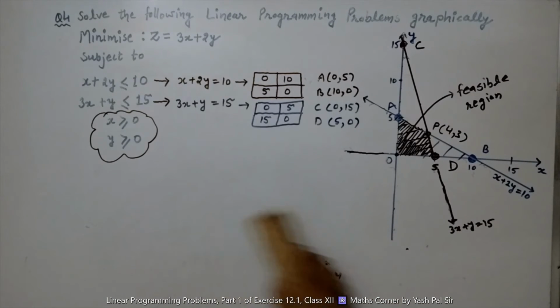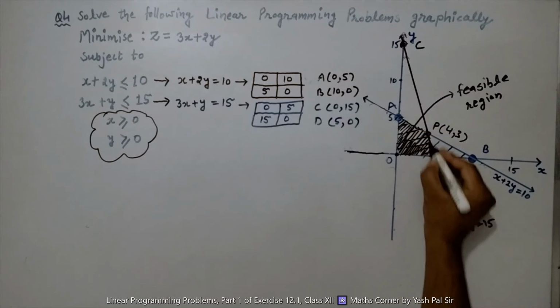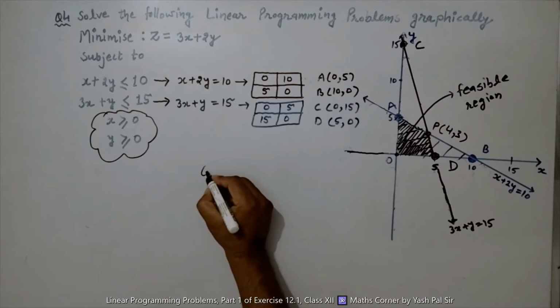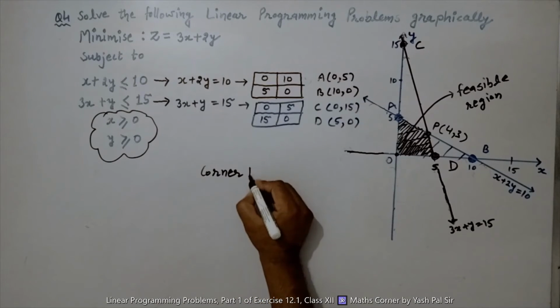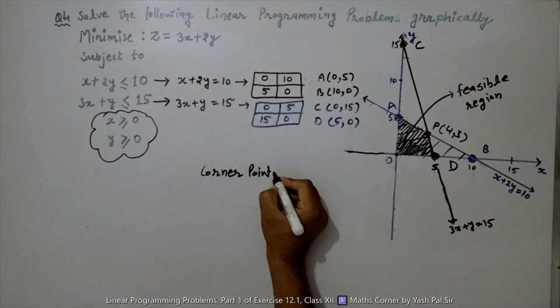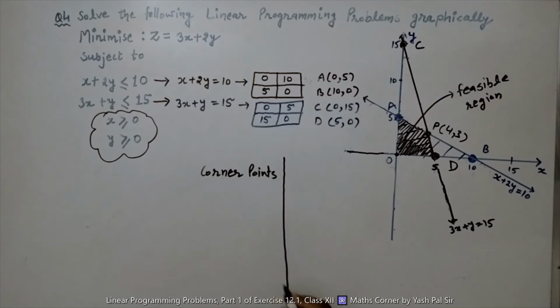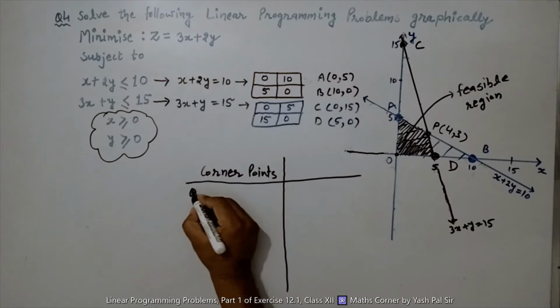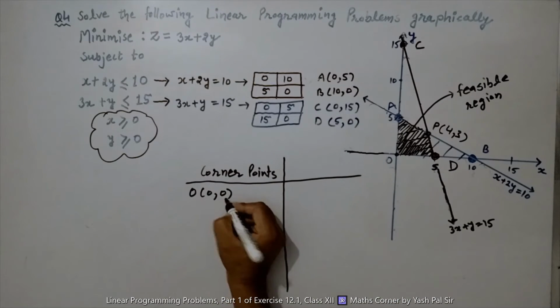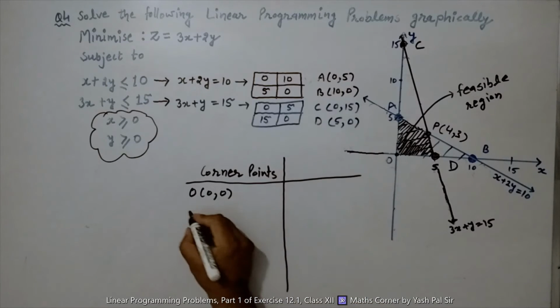So this way we have the corner points of the shaded area. How many corner points do we have now? The very first is O, 0 0.